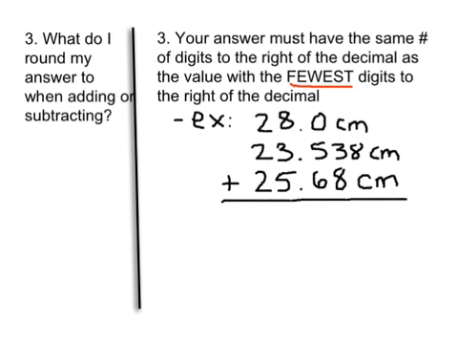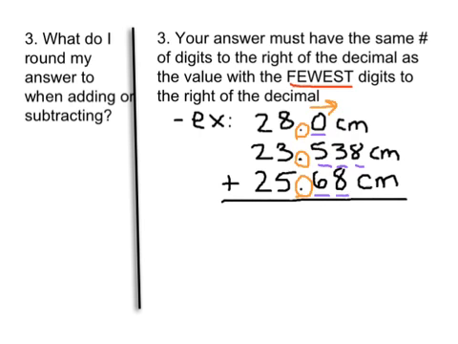Okay, so we can see here that there are decimal points in all of these numbers. And so what we're going to be concerned with is how many digits to the right of a decimal point there are. All right, so we can see that the first number has 1 digit to the right, the second number has 3 digits to the right, and the third number has 2 digits to the right.